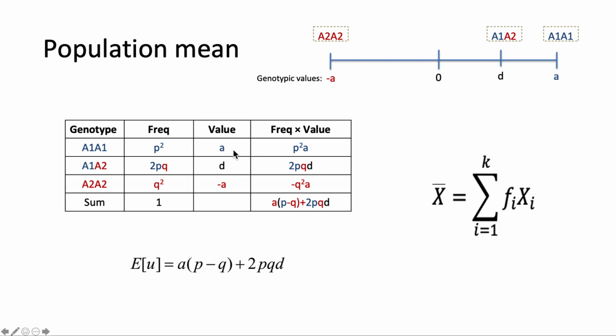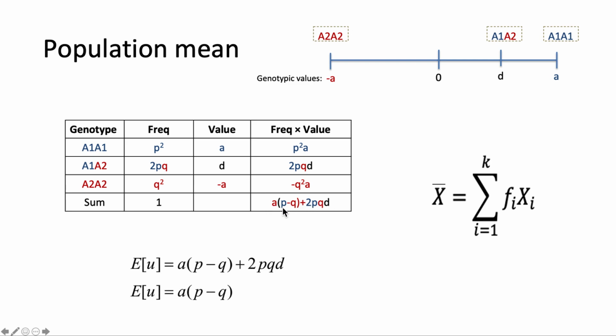The contribution of the homozygous A1A1 is p squared times a, and we can do the same for the other genotypes. At the end, when we add the contributions of the three genotypes, we get the population mean.